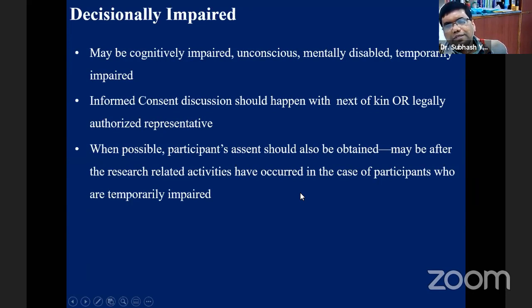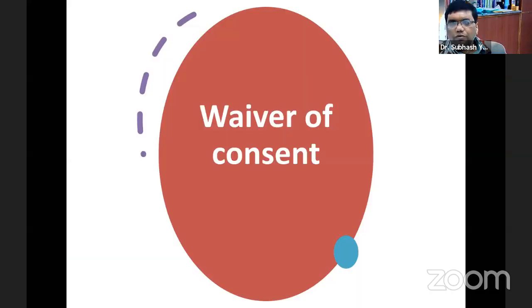I mean, if some person is unconscious and some study is going on, you take the consent from the legally authorized representative. But when the patient regains consciousness, you have to get the signature from him also.